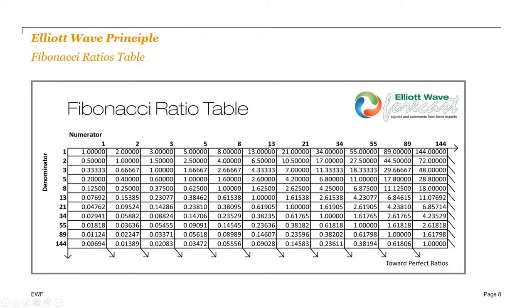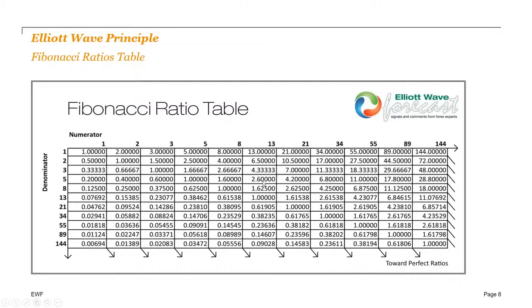You have this sequence of Fibonacci in the column here, and in the row you have the same sequence. At the numerator you have the Fibonacci sequence, in the denominator you have the same sequence, 1, 2, 3, 5, and so on. If you divide the numerator by the denominator, you get a ratio. This is called the Fibonacci ratio. So this is the table of the Fibonacci.